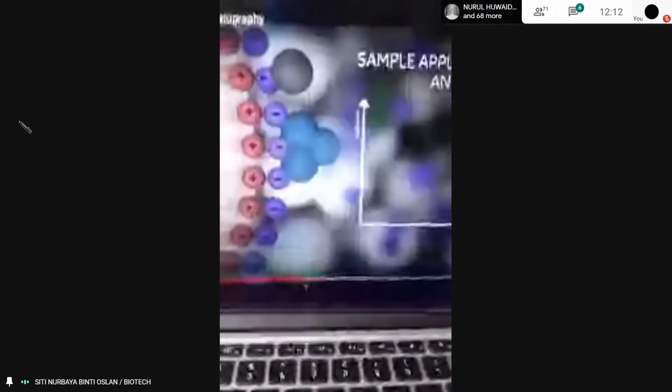A protein will turn out to be negatively charged if the pH is higher than its own pI. Hopefully you can get it. Not only T1 lipase will become negatively charged. Any protein where the pI is lesser than this pH will turn out to be negatively charged.